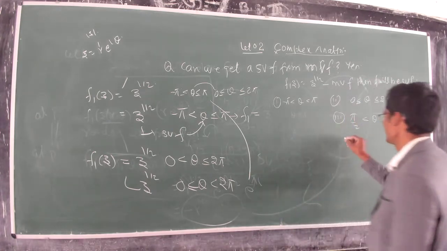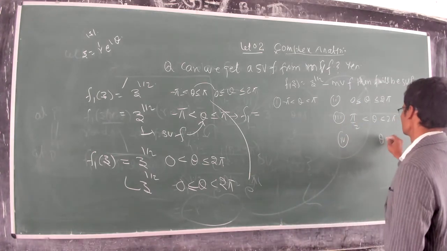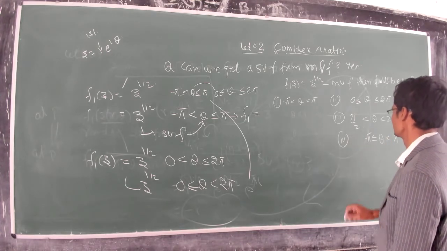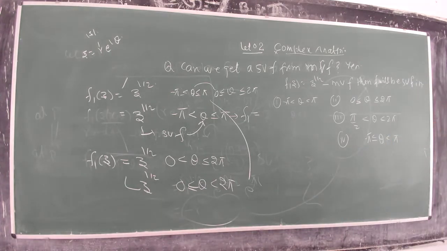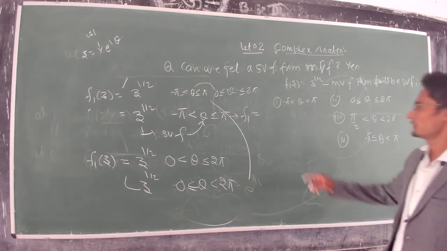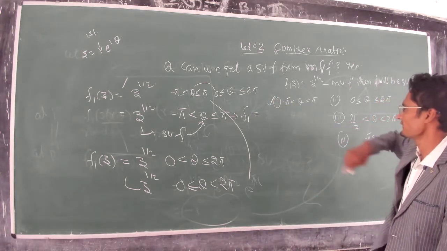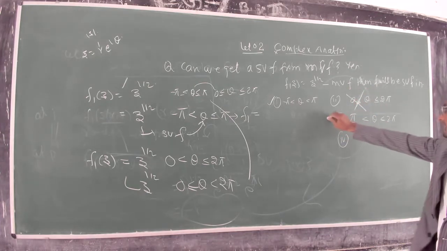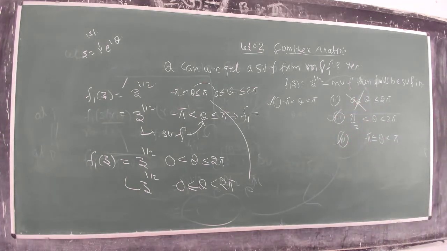Many more regions can be written. Of course here it is single valued. Here it is not single valued, you are crossing 2 pi. Here also, here also.